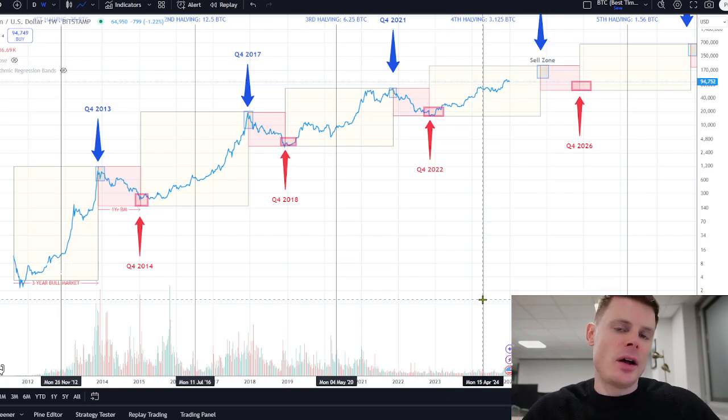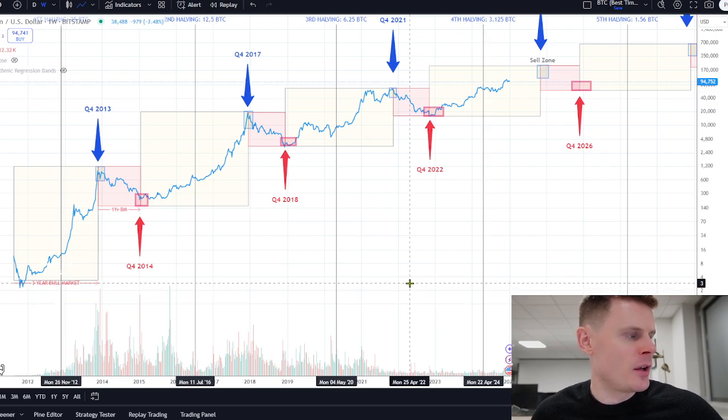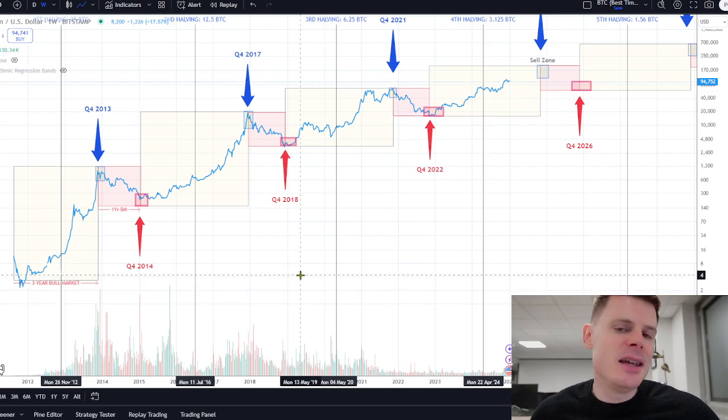So every time the amount is being reduced, and that reduction causes a supply shock in the market, which then, with demand increasing or remaining the same, means that the price has to go up, or typically does go up.